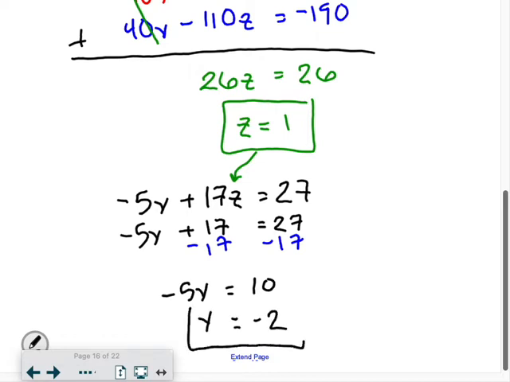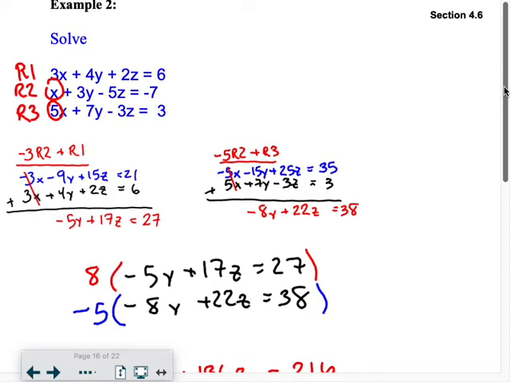Again, it'd be nice if we're done, but we have one more step, right? So that's two values. We have a y and a z. Now you have to go back up to the original, and we're going to substitute these two values into the original. So I'm just going to work off the top one, but you can choose whichever one of those equations you want.